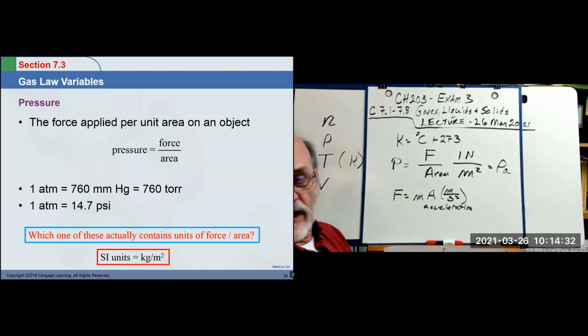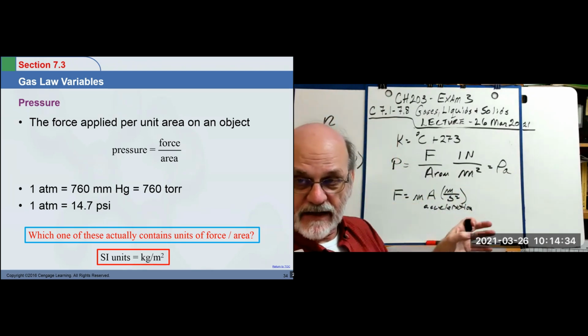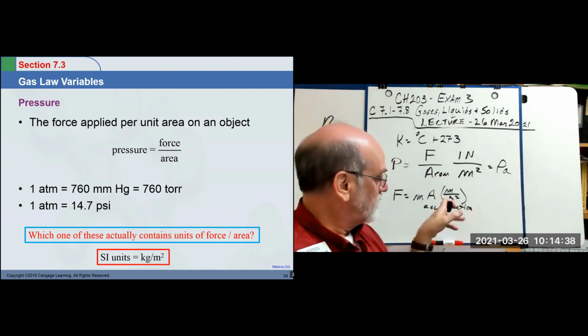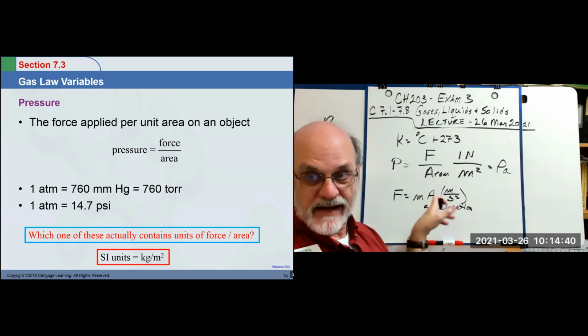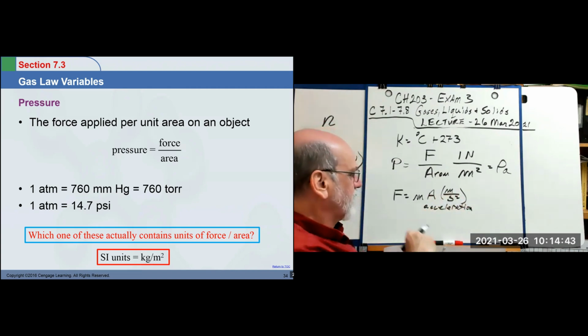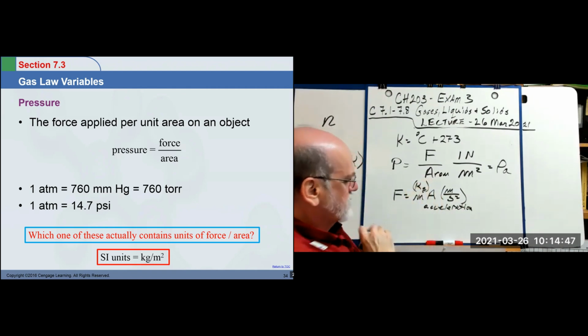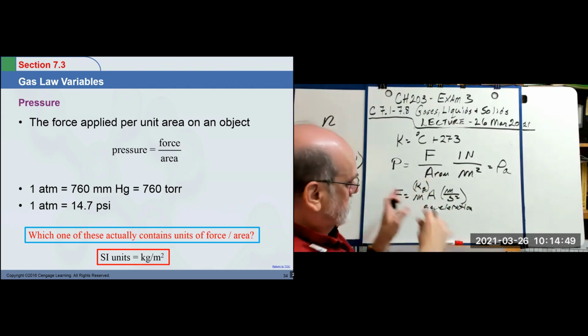Okay, that's acceleration. Meters per second is velocity, and if the velocity is changing every second, then you have another term, a second term down here. Mass is in kilograms. Okay, standard units.